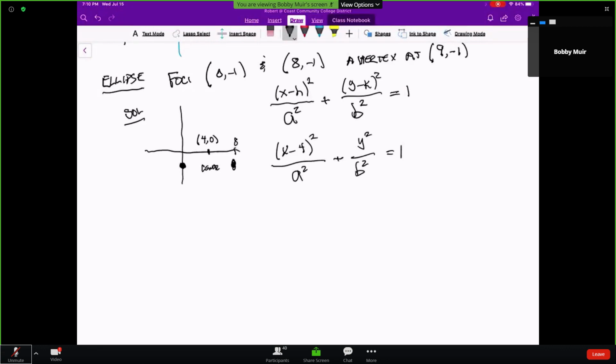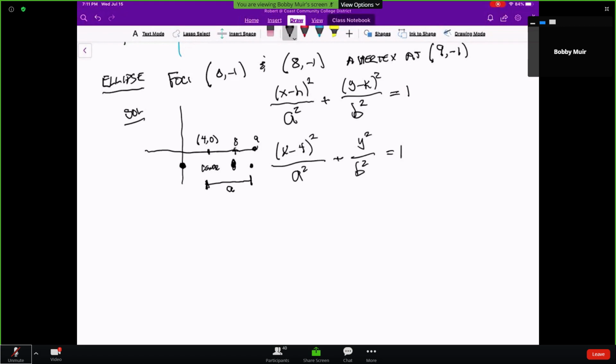Okay, now let's see here. The vertex is at 9, -1. Okay, so here's 9, -1. So what that means is that since that's a vertex, the distance from here to here is a.